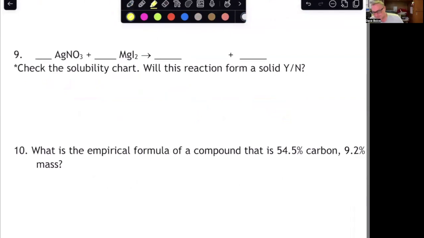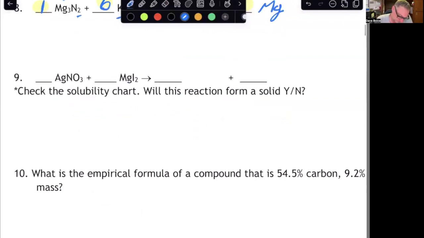Okay, for this one, I want to know, is this going to form a solid? But either way, I'm still going to write out the reaction. Okay, silver is not a variable charge. It's always a +1. If you didn't know that, you can still figure that out because NO3 is in your list of polyatomic ions and it's a -1 and it went 1-to-1 with silver.